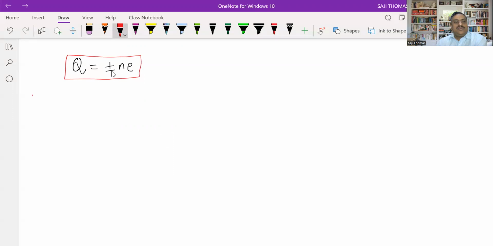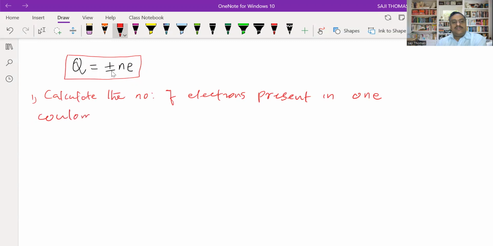Question 1. Calculate the number of charges, number of electrons present in 1 coulomb of charge.